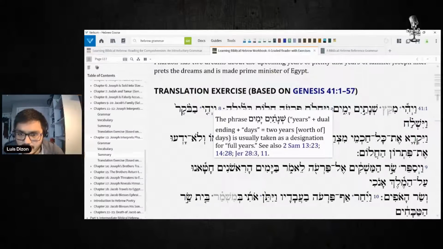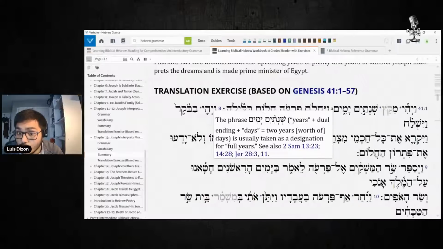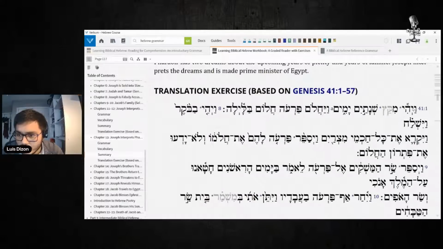So this is a slightly confusing construction here. Shnatayim yamim, 2 years plus days. So according to this little footnote, this just means 2 full years. So it was at the end of 2 full years, and Pharaoh dreamt a dream at night.